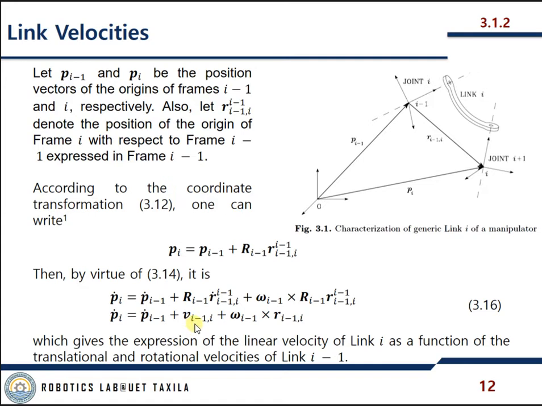It's the velocity of frame i with respect to frame i-1, and it is being expressed in frame i-1. So this thing is the velocity of this point being experienced from here, and this omega_{i-1} is again the angular velocity being multiplied with r_{i-1}. Just using 3.14.